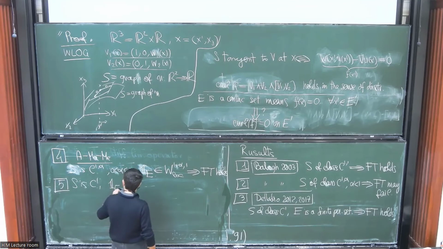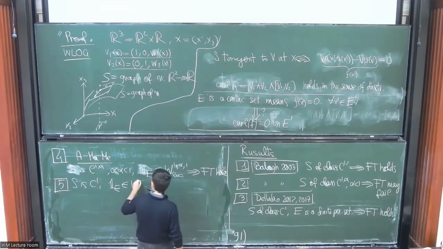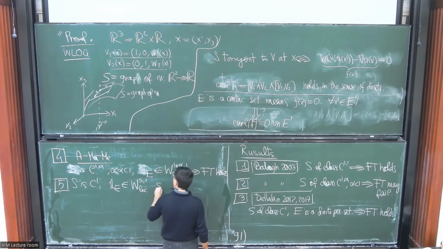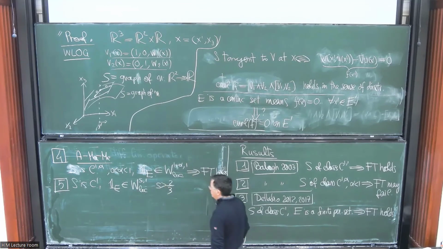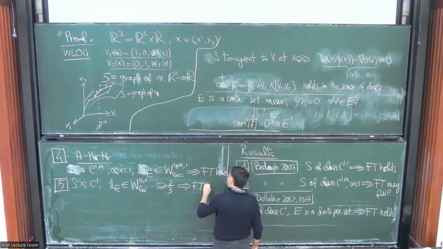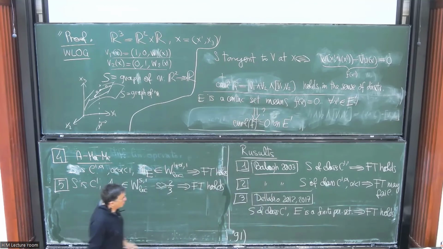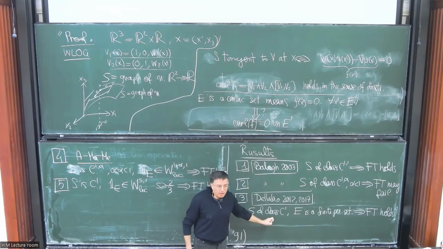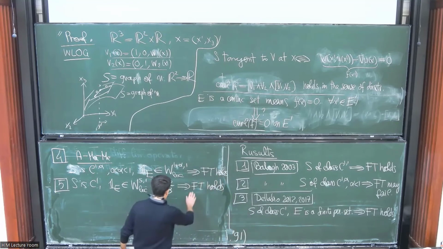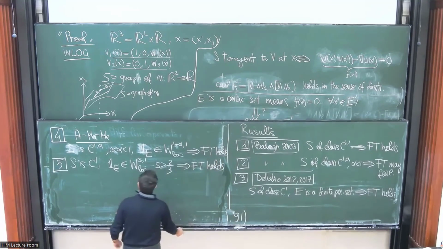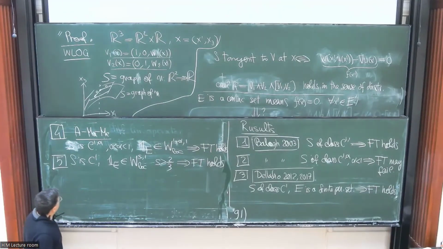And this is in a fractional Sobolev space with s larger than 2/3. Well, I'm not sure about this, okay? Then the Frobenius theorem holds. So it appears that somehow this is not sharp. It's enough to have a fraction of, okay.